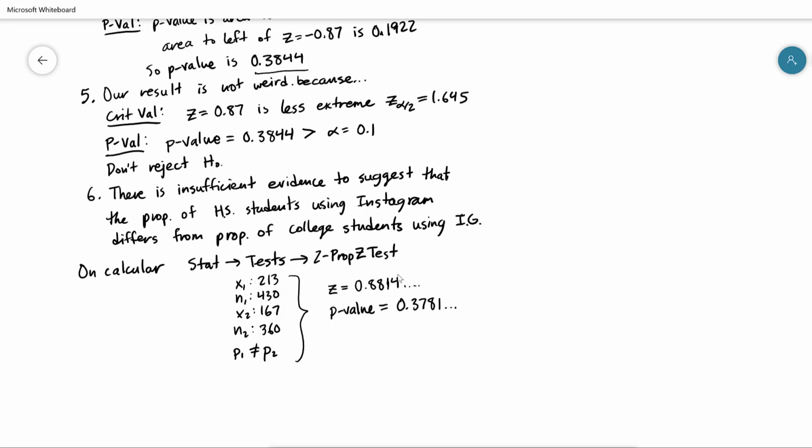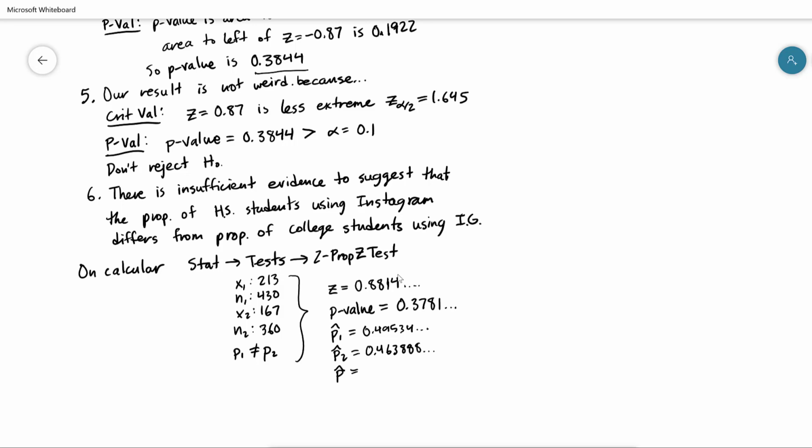And then it goes through and it gives us all the other values that we might have needed along the way. If we wanted to write them down, it gives us p1 hat and p2 hat and p hat in general. And all of those numbers were the values we used. This is the 0.495-ish number, but it gives us more accurate, so 3, 4... P2 is 0.4, so 0.463888 repeating, it looks like.